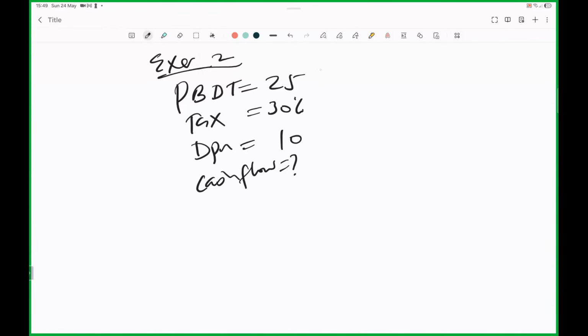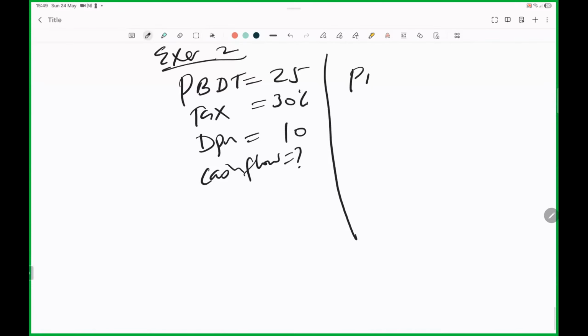So then this one, ladies and gentlemen, I will take PBDT, which is 25, right? 25. And then I less tax on it. So tax is 30%. So 30% of 25 gives me what figure? 30% of 25 will give me 7.5.